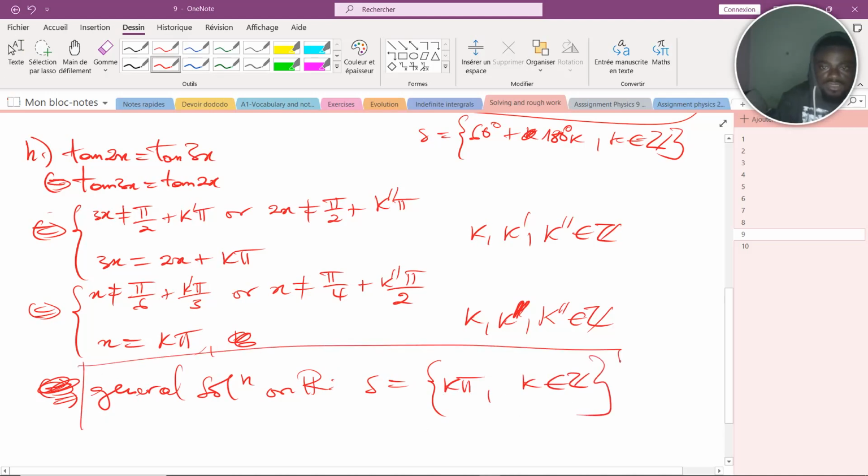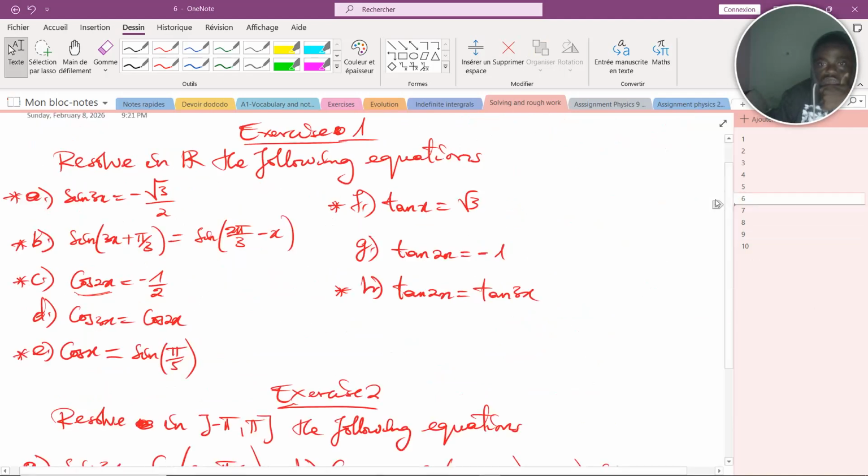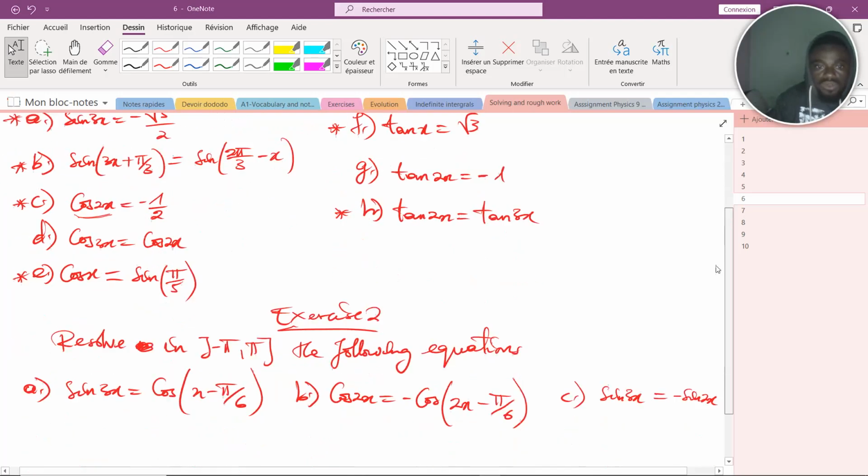So that's the general solution. You are going to do the other questions, what I left. You are going to do this and this last one, exactly as we did the other ones. Is that okay?